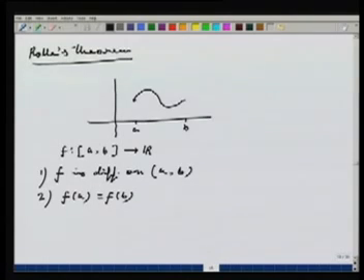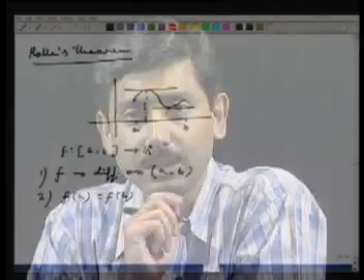From the picture you can see that at this topmost point, the tangent is parallel to the x-axis. At this point also the tangent is parallel to the x-axis. I know what it means. The tangent being parallel to the x-axis can be expressed by saying that the derivative of the function at that point is 0.